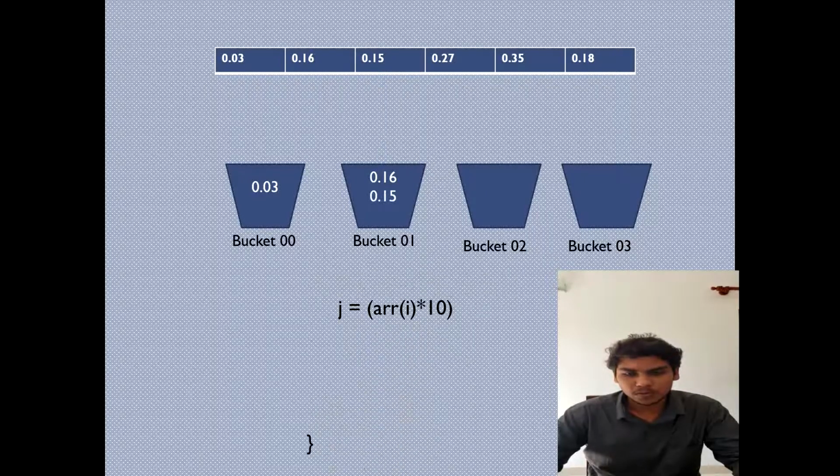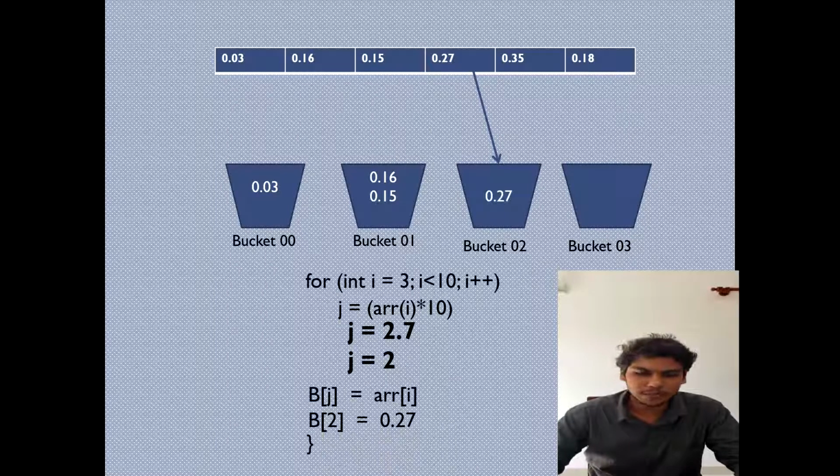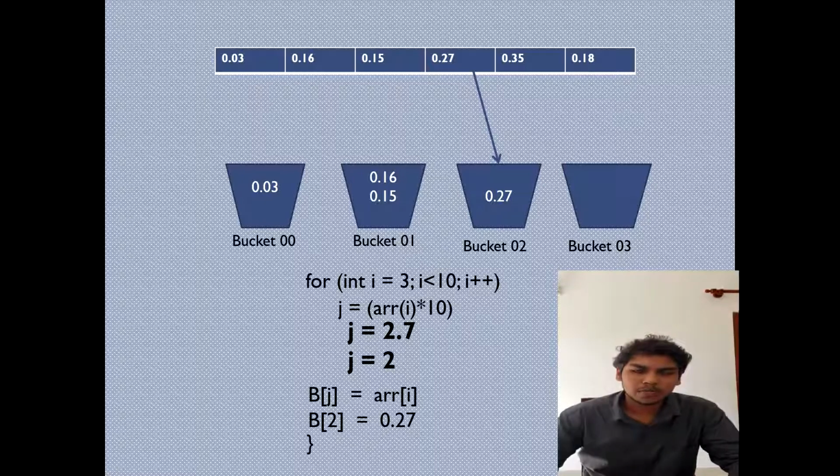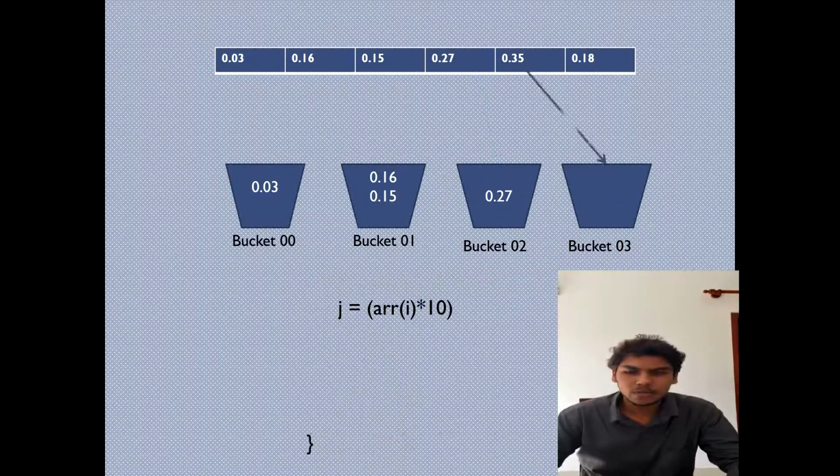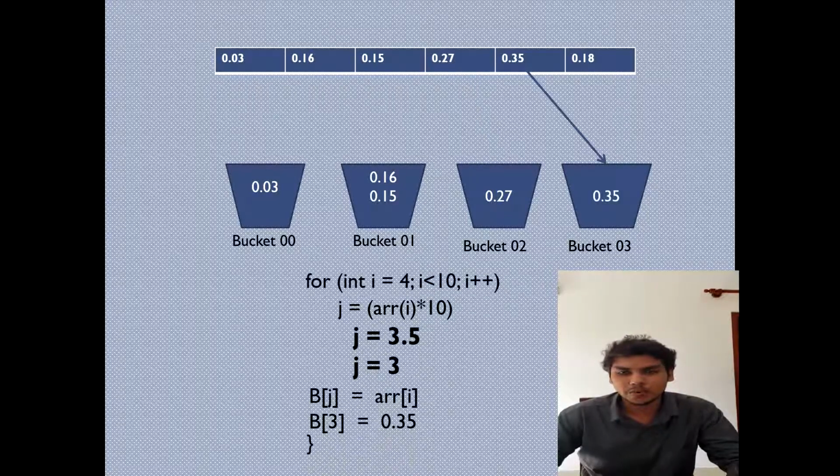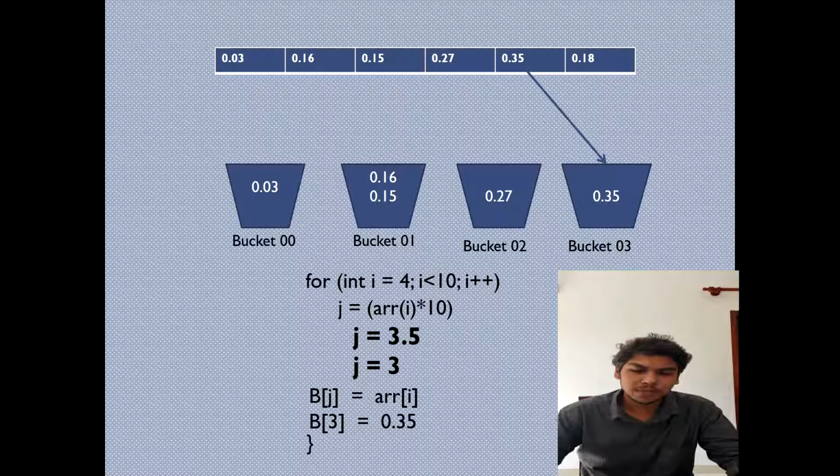If we loop through the input array again, we get 0.27. If we multiply it by 10, we get 2.7. So bucket number 2 gets the fourth element of the input array. Again, if we loop through the array, we get 0.35, and if we multiply it by 10, we get 3.5, and if we round it off, we get 3.